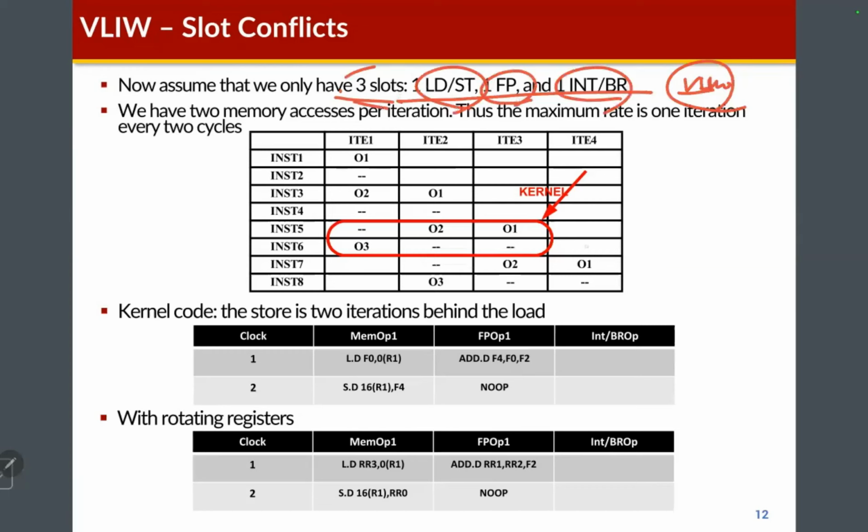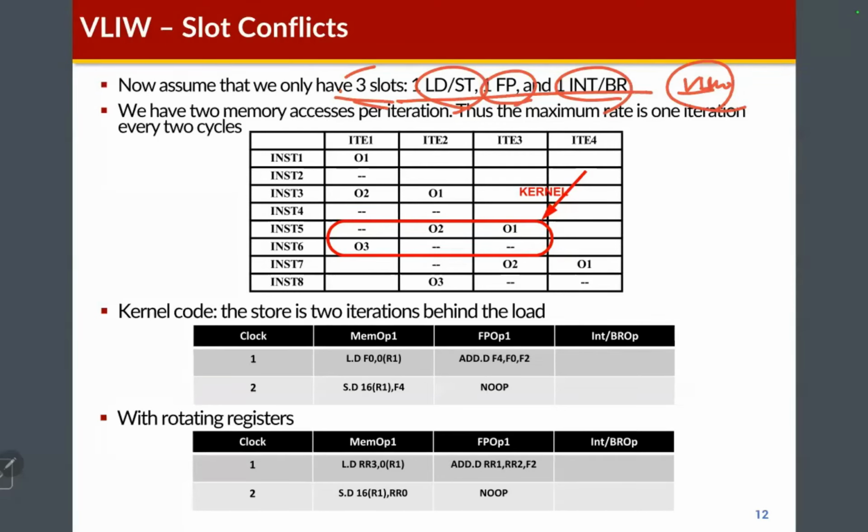Then we cannot find a one-line kernel that includes all instructions. So in this case, the kernel is organized across two instruction groups, like instruction 5 or instruction 6, because this VLIW hardware has fewer slots.